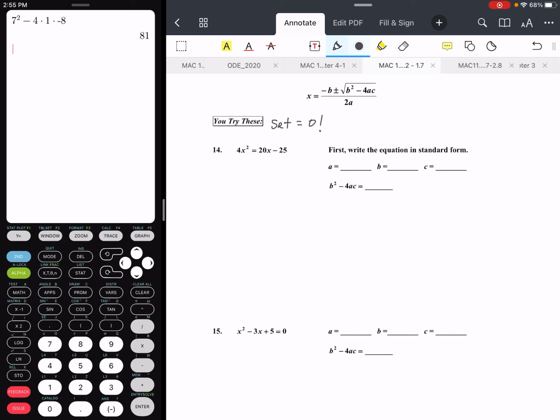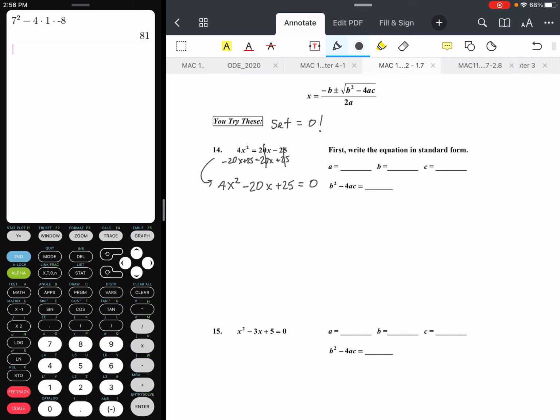So I'm going to choose to subtract 20x from both sides, and then I'm going to add 25 to both sides. So this gives me 4x squared minus 20x plus 25 equals 0.